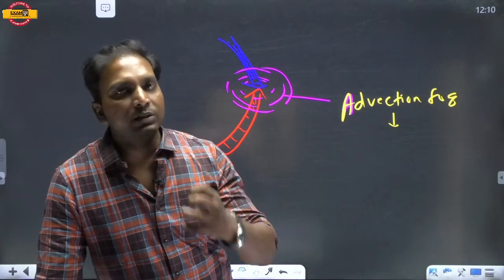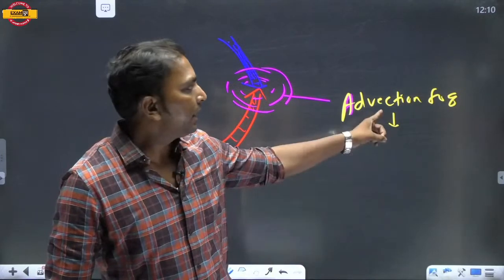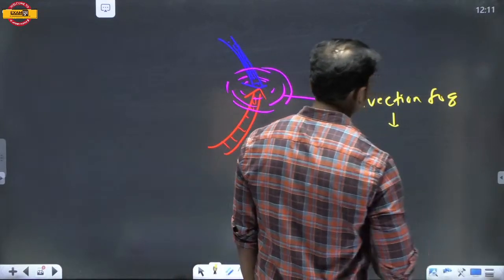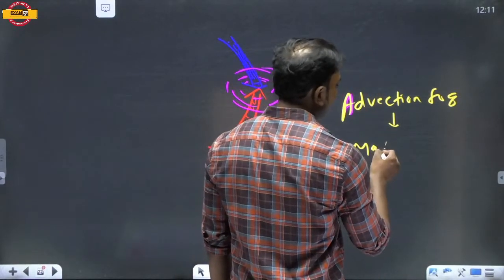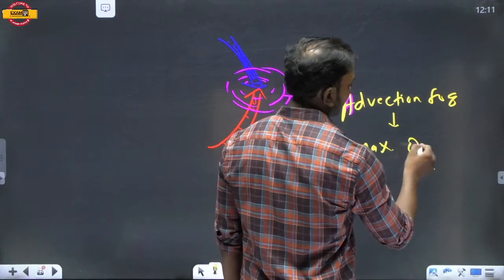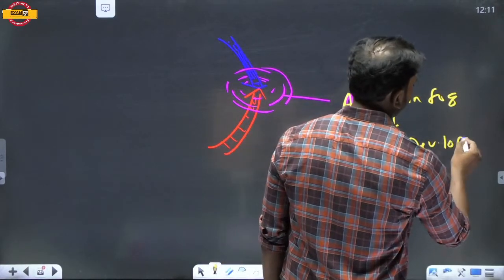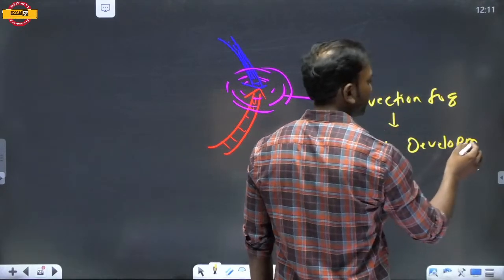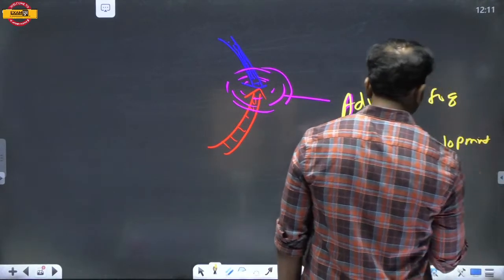Because of low visibility, and the low visibility is created by the advection fog. So it will create advection fog there, and the maximum development of planktons.